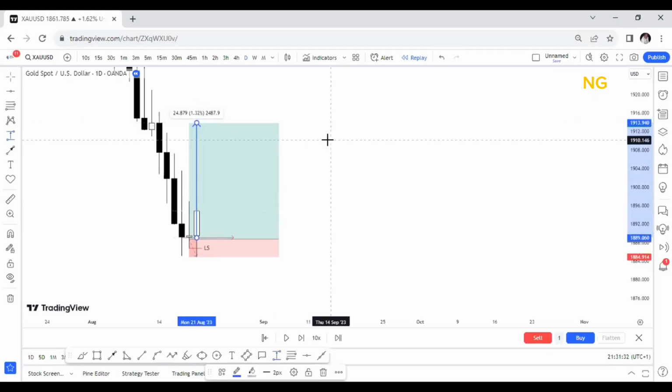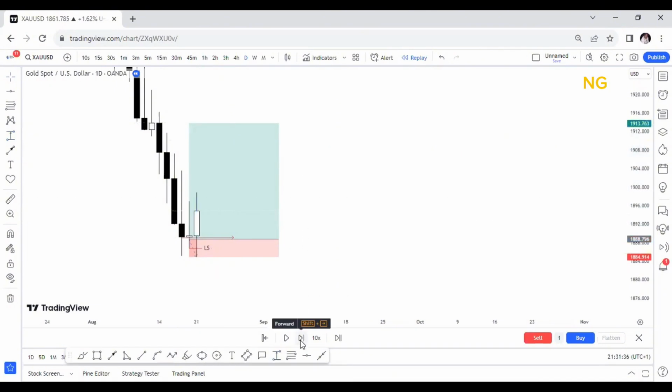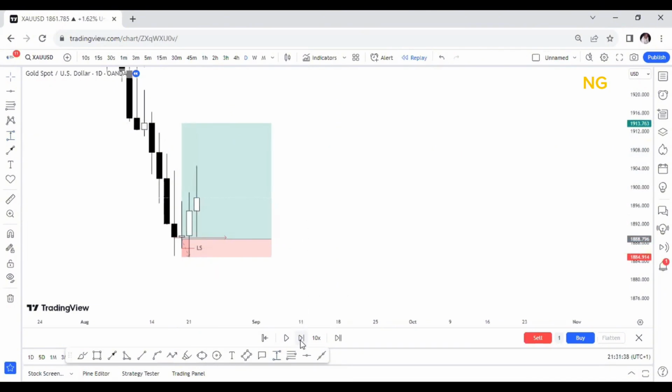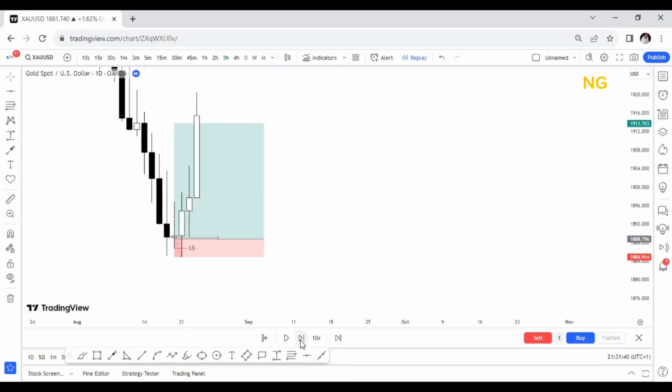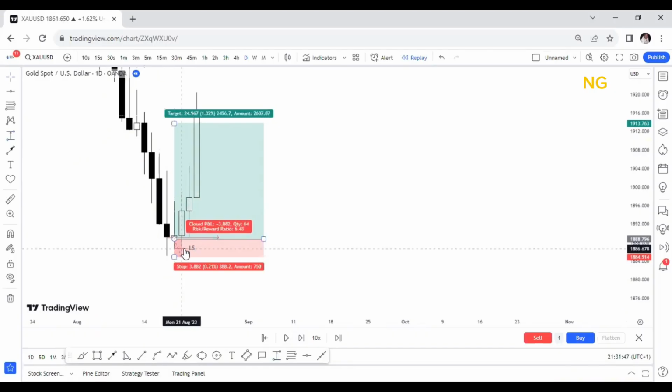That's our target. Imagine he blasts through it. Because of what? Because of this condition that was met here. This guy has already tapped into this liquidity and took it off.